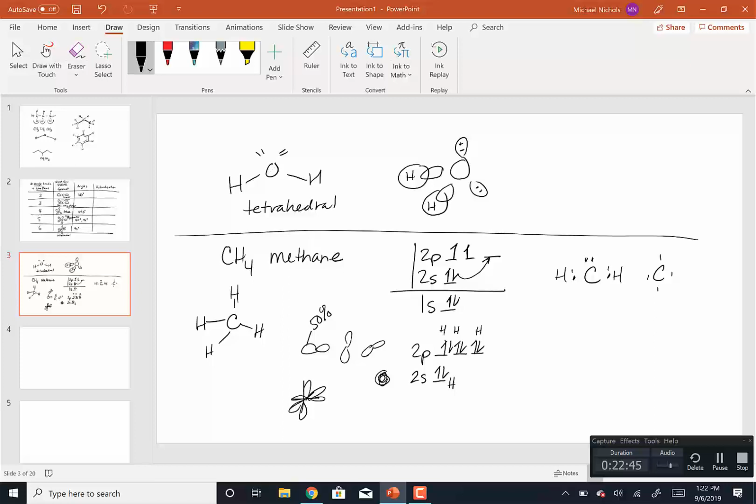So if we overlap orbitals, which is exactly how we form bonds, we take the mathematical equations of those shapes of the orbitals, we combine them together to form a chemical bond. Okay? In this case, we're going to take those 2 shapes and we're going to overlap them together. But it's really math.